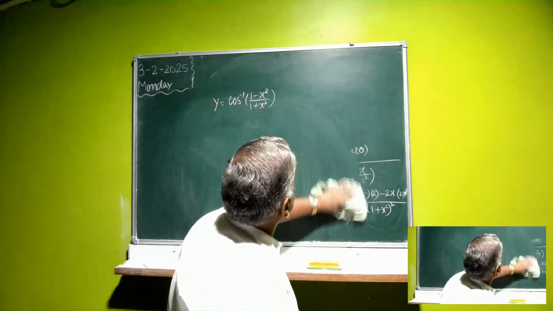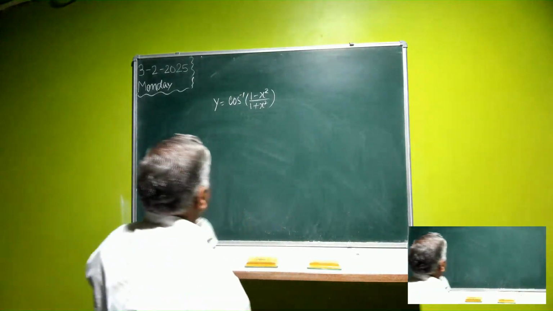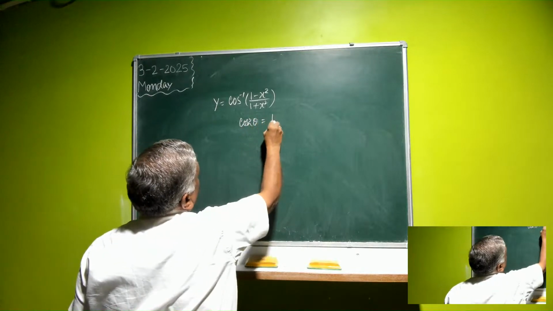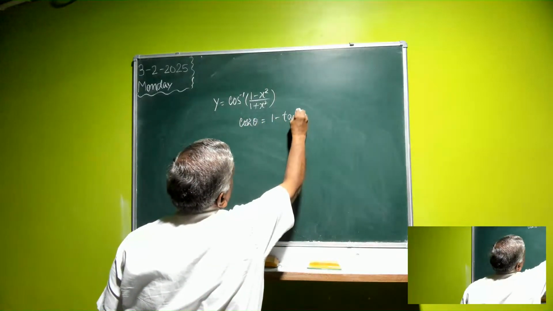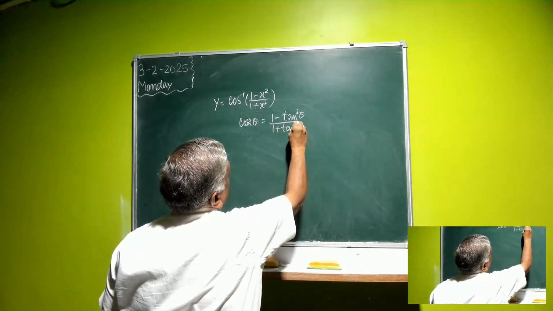Again, this requires a formula. Cos 2 theta is equal to 1 minus tan square theta over 1 plus tan square theta. This is the actual formula I have to use.